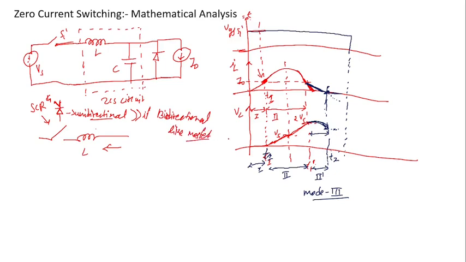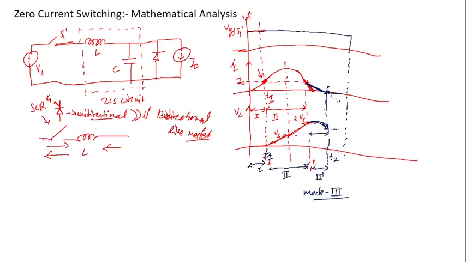Then the question is, can the inductor current after this T2 be negative? The answer is yes, because a bidirectional switch can carry current in the forward direction as well as in the negative direction. That's why if you are using a MOSFET here, then the current can be negative.